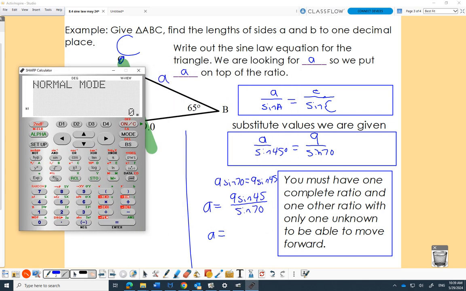Okay, here we go. Fraction button. So good. 9 sine 45 all over sine 70. On a good calculator, you can see all of that on the screen, so you know it matches what you have. Fraction display. Aren't you happy? Yes? You need to travel with your calculator from now on, too, you cell phone people.